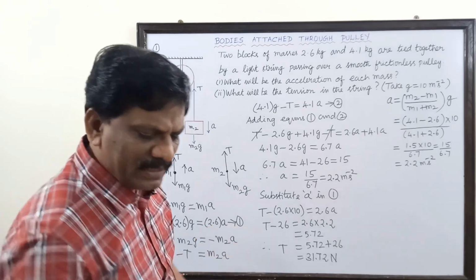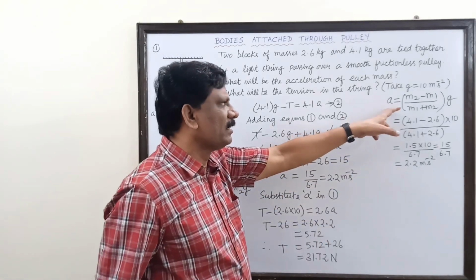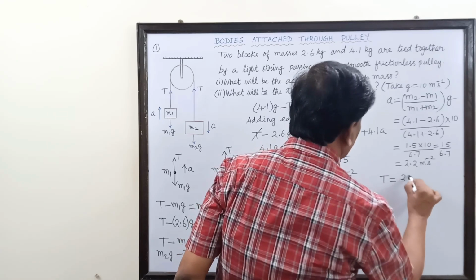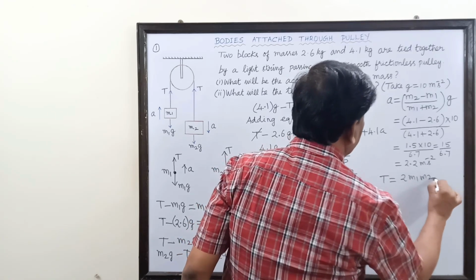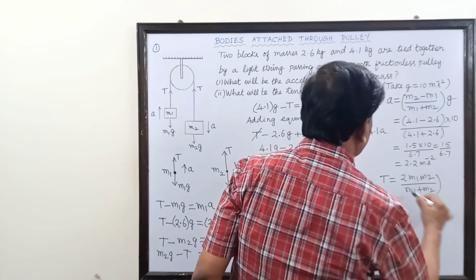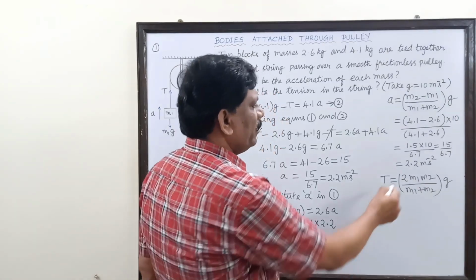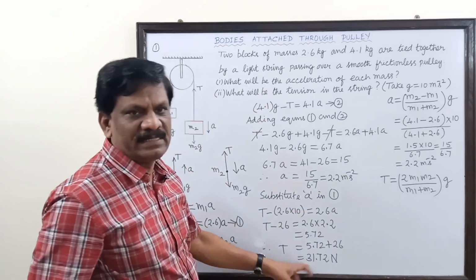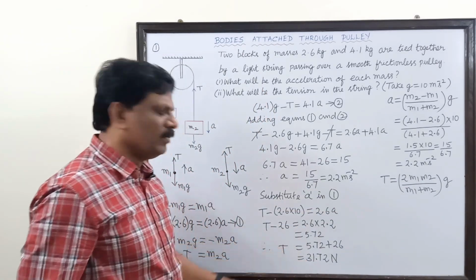One is direct method. So another formula for tension directly, if you want: tension is equal to 2 times m1 into m2 divided by m1 plus m2, into g. If you substitute the values for m1 and m2, you will get the same value only. Then one more formula is there.